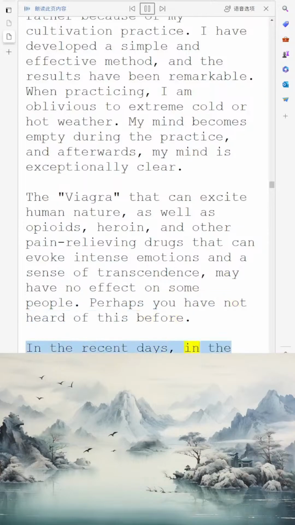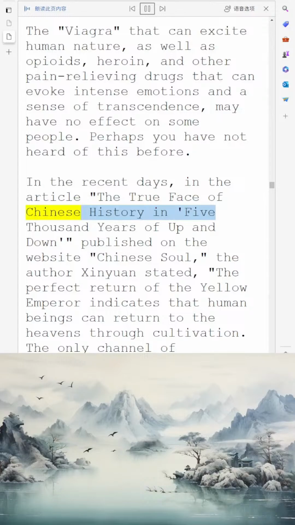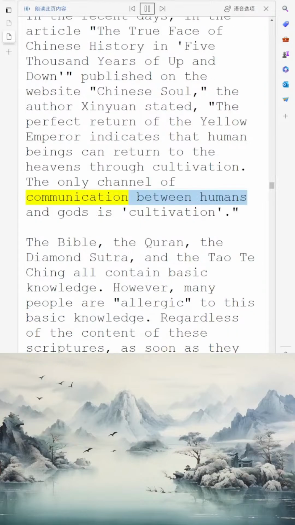In recent days, in the article "The True Face of Chinese History in 5,000 Years of Up and Down," published on the website Chinese Soul, the author Xin Yuan stated, "The perfect return of the Yellow Emperor indicates that human beings can return to the heavens through cultivation. The only channel of communication between humans and gods is cultivation.